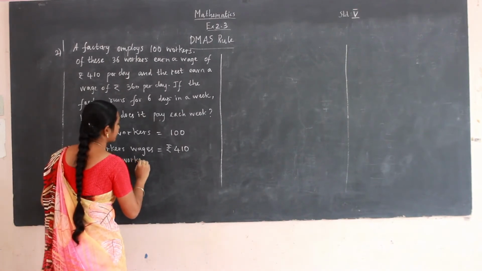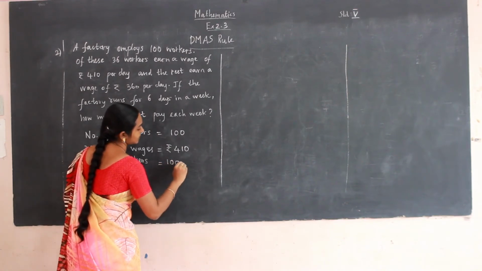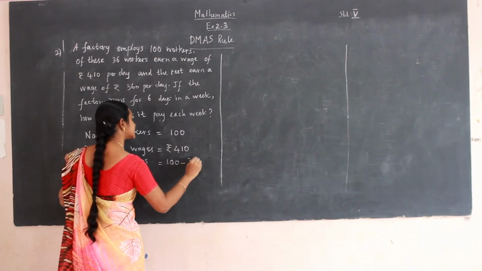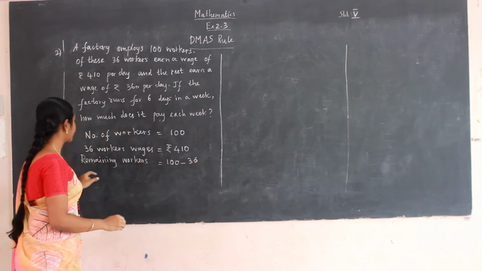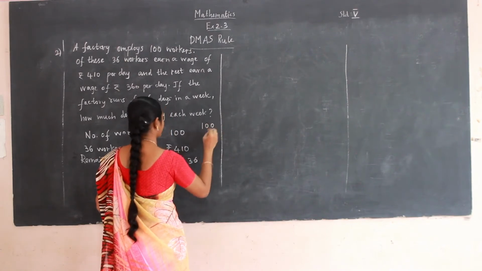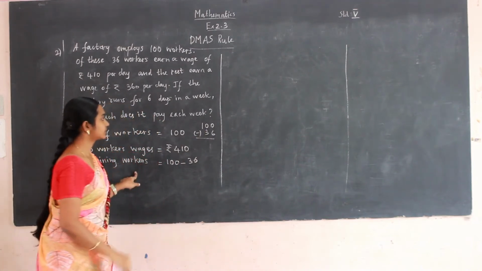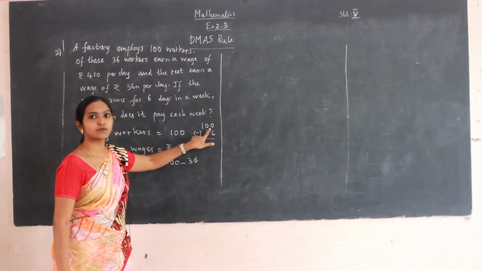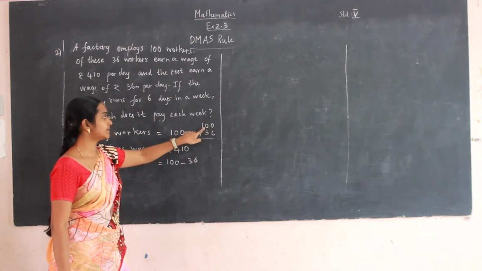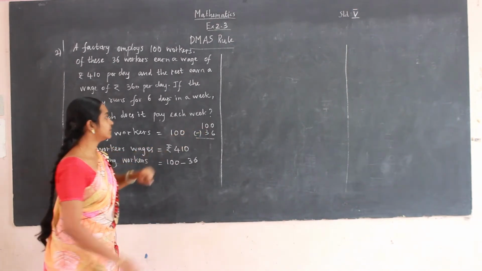Remaining workers equal to 100 minus 36. 6 is greater than 0, we cannot subtract. So borrow from the before number. The before number here also is 0. So borrow from the before number.